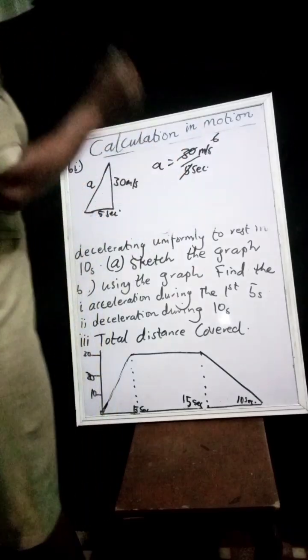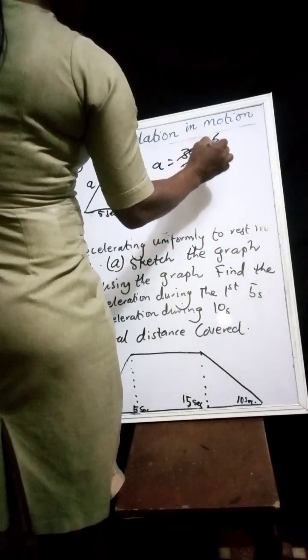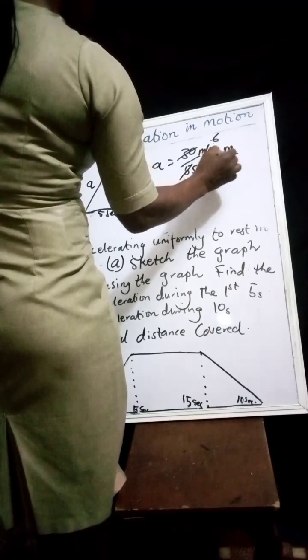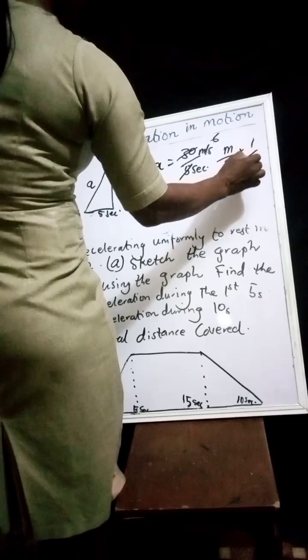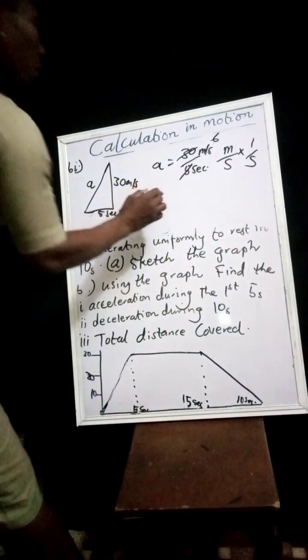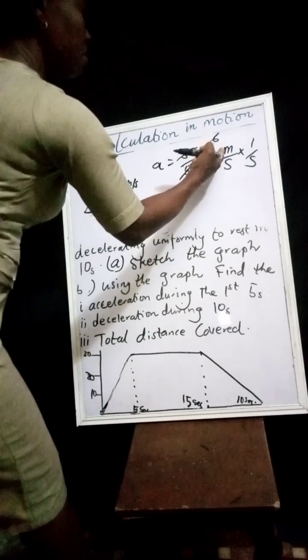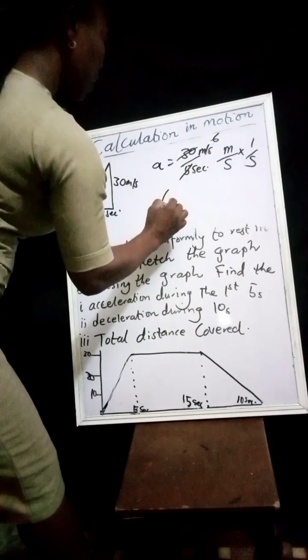6. Now let's look at our units. The unit meter per second means meter divided by seconds, multiplied by 1 over seconds. So we have 6 meters, because 6 times meter is meter, times 1 is 1.